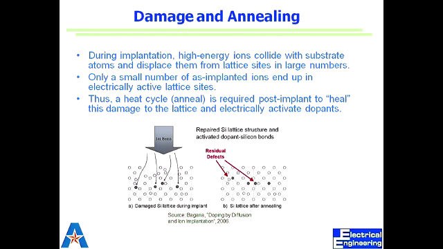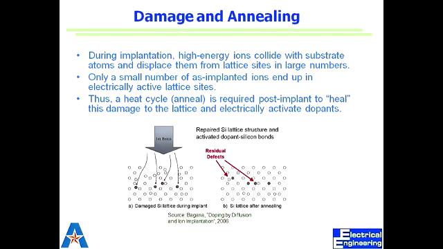But if they are not at those positions which are equidistant from all the neighboring atoms, they will not be contributing. So they have to get to the position of the lattice where they can start contributing their excess electrons or reduced number of electrons, holes, right?